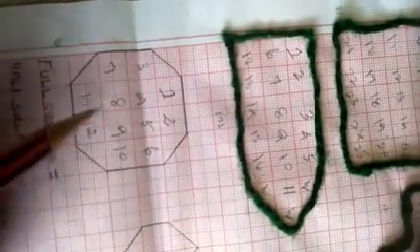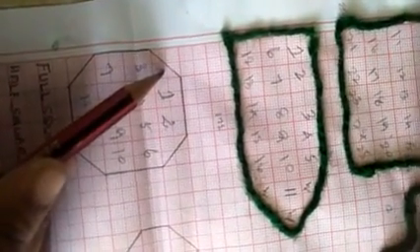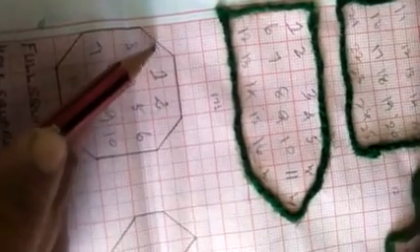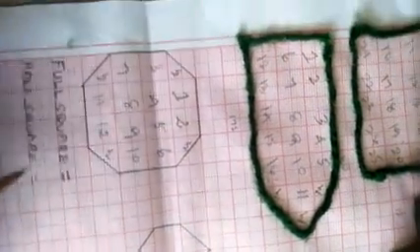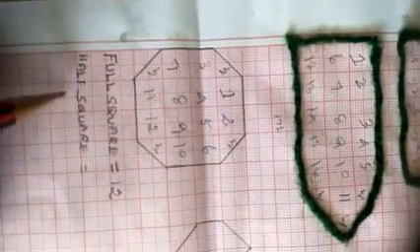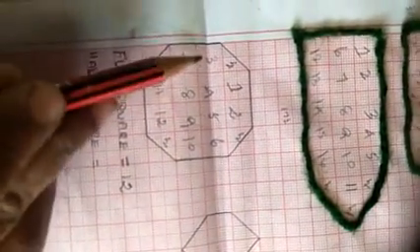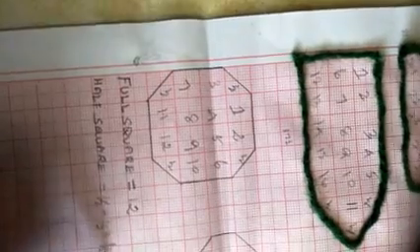Then the remaining parts each occupy half alone. So I give it as half, half, half and half. So how many full squares are there? 12 full squares. And how many half squares are there? 4. Half plus half plus half.